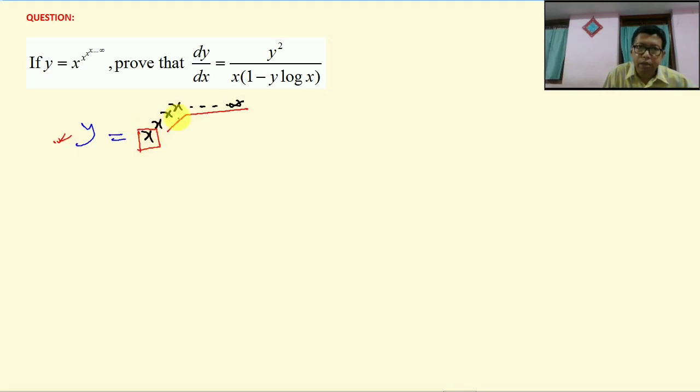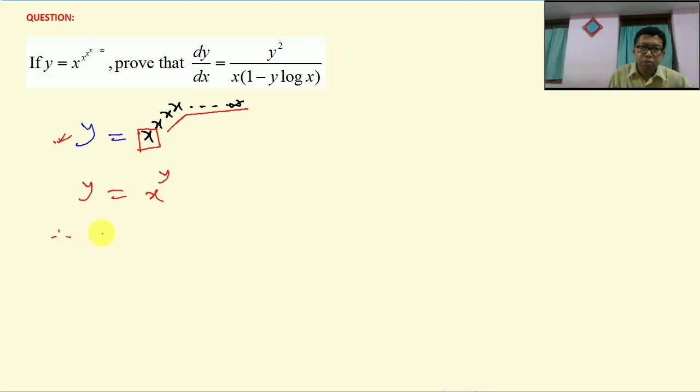That means you can delete one term, two terms, or three terms from the infinite series and it does not hamper. Just delete the first term so that the remaining part will be the same as the given function. So this is y is equal to x to the power y.